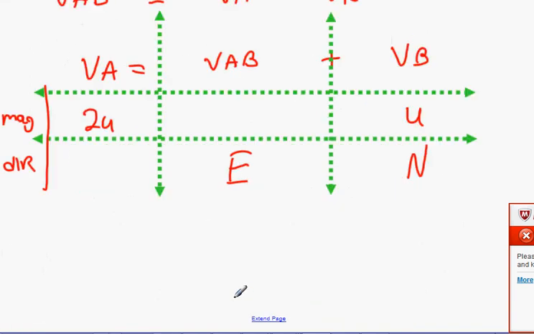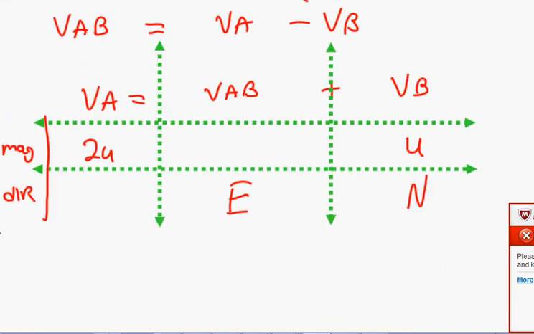Now we're in business. We're now going to draw our triangle. Remember the rules about the triangles. I have to start phi A and one of the other ones at the same point. I'm going to start phi AB at the start, and phi AB is going to go directly east. Which way is phi B going?